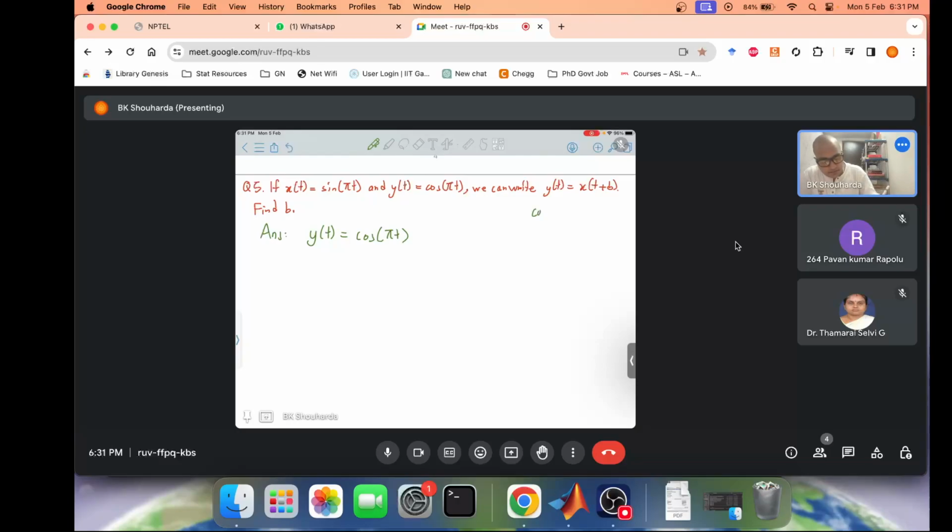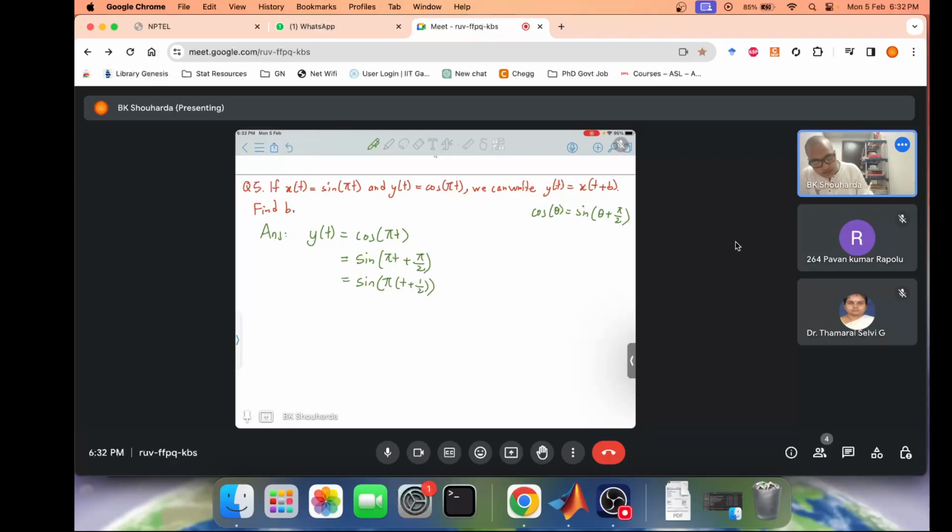We know that cosine of theta is sine of theta plus pi by 2, isn't it? Very simple. Theta is in the first quadrant, theta gets shifted to the second quadrant, sine remains positive. So what do we write? Sine pi of t plus pi by 2. Okay, now further taking the pi outside, I get t plus half.